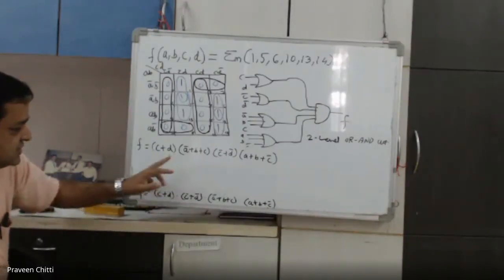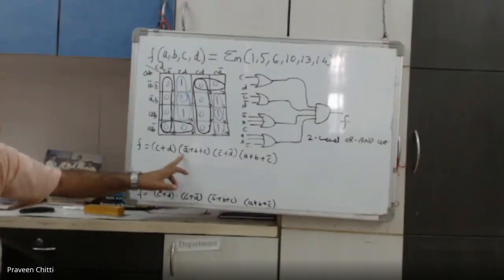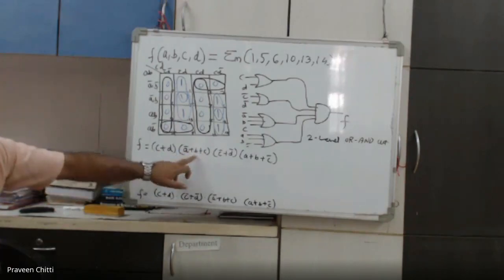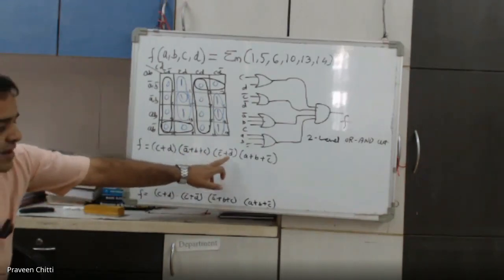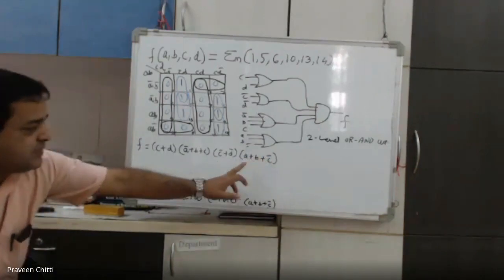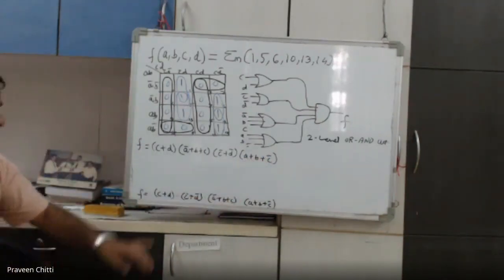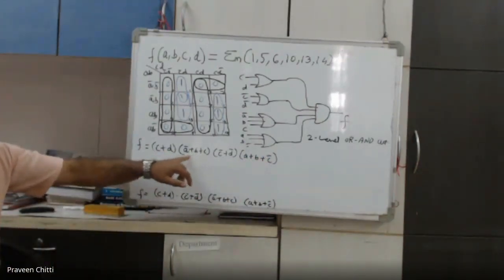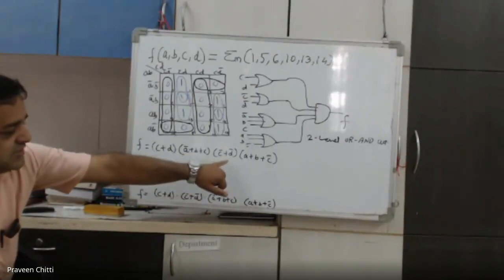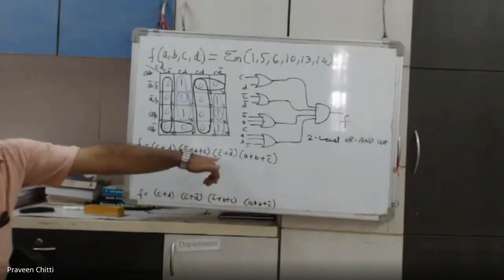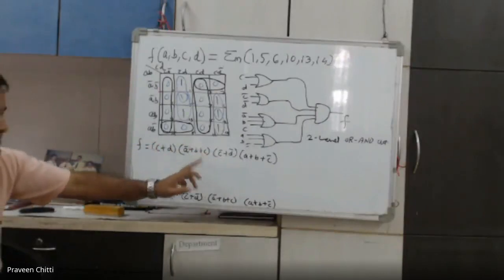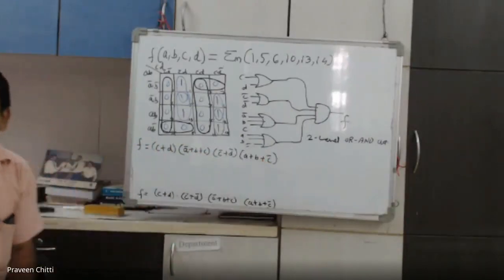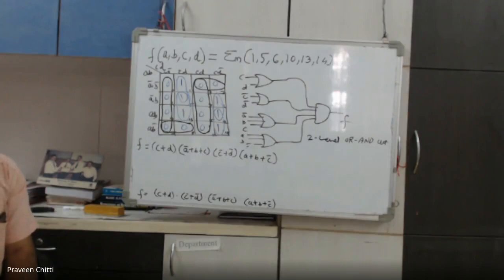If you observe this, it is of the form C plus D into C plus A bar plus B, and C bar plus D bar into C bar plus A plus B. Here C is there, here C is there, here C bar is there, here C bar is there. So I have clubbed those two.